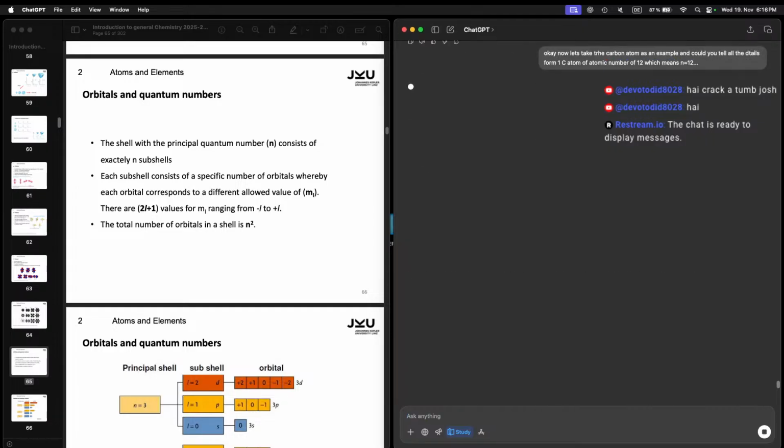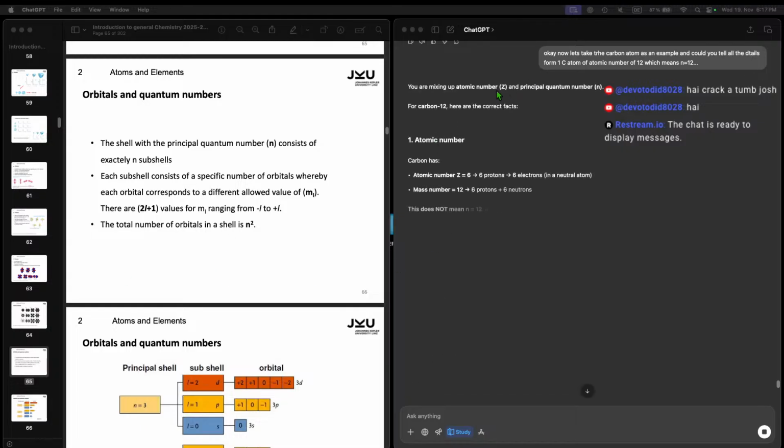Let me see if that's true for carbon. It's just a problem.